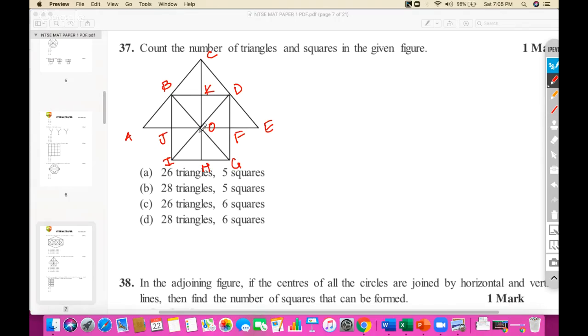So simplest triangles would be 1, 2, 3, 4, 5, 6, 7, 8, and then 9, 10, 11, 12. So 12 I have got automatically.